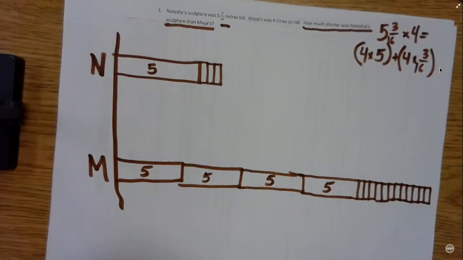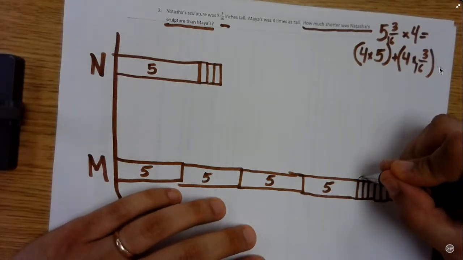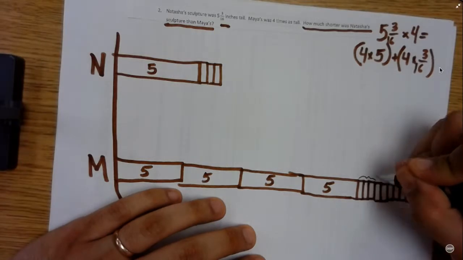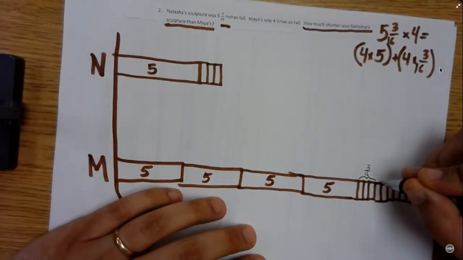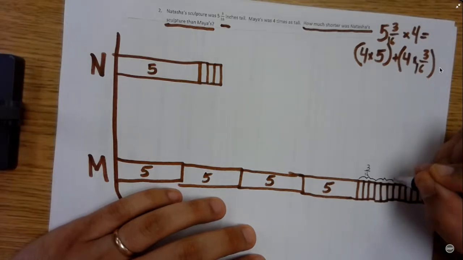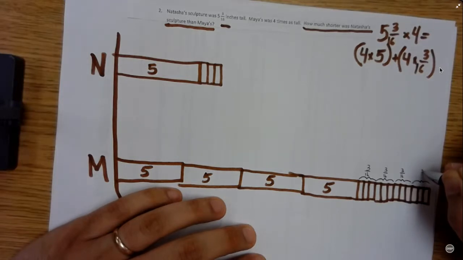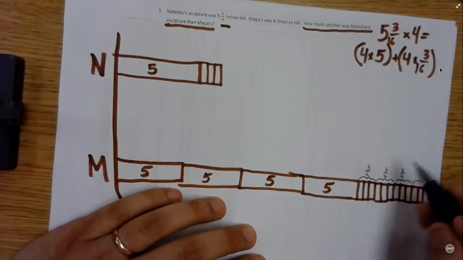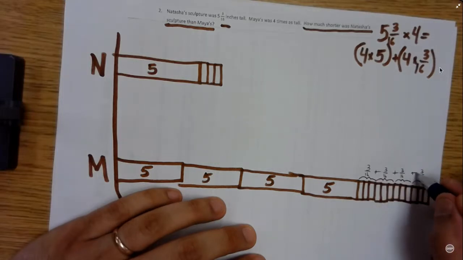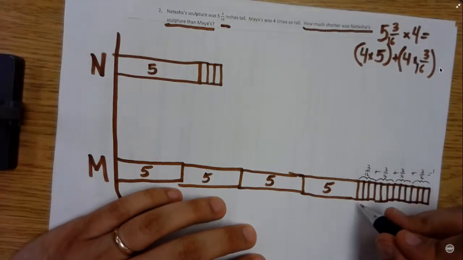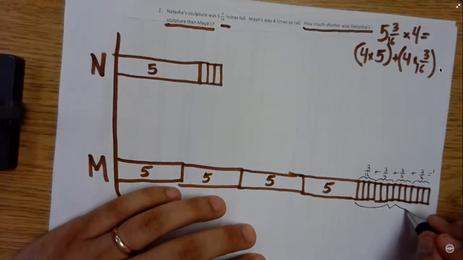If that was too fast, if that was too much going on, you certainly could draw that out and realize that that's 3/16, another 3/16, another 3/16, and finally my 4th set of 3/16. 3/16 plus 3/16 plus 3/16 plus 3/16 equals, what I'll show for this entire amount, 12/16.